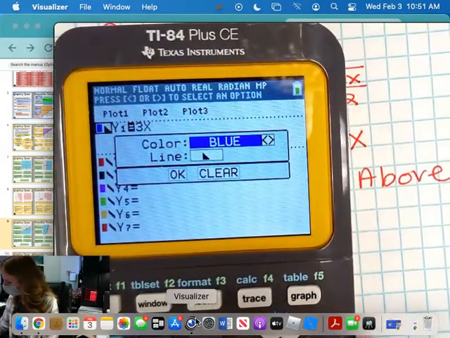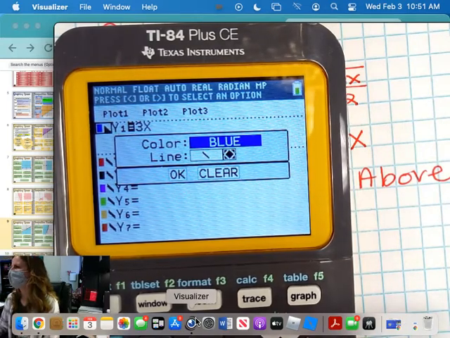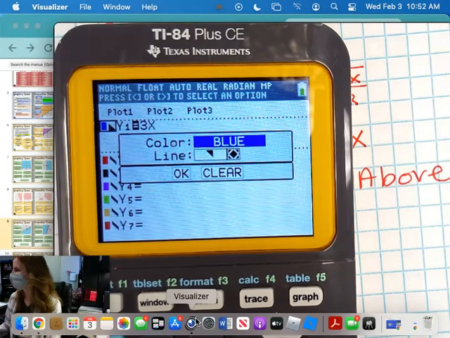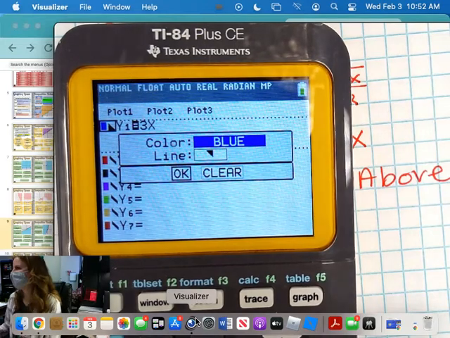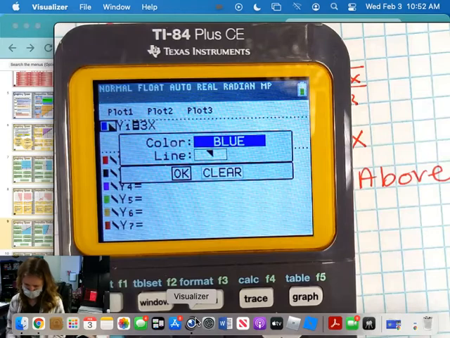If we want it to be greater, we're going to change this one to the other triangle that's up top. And that would be shading above. Push enter. Push OK.